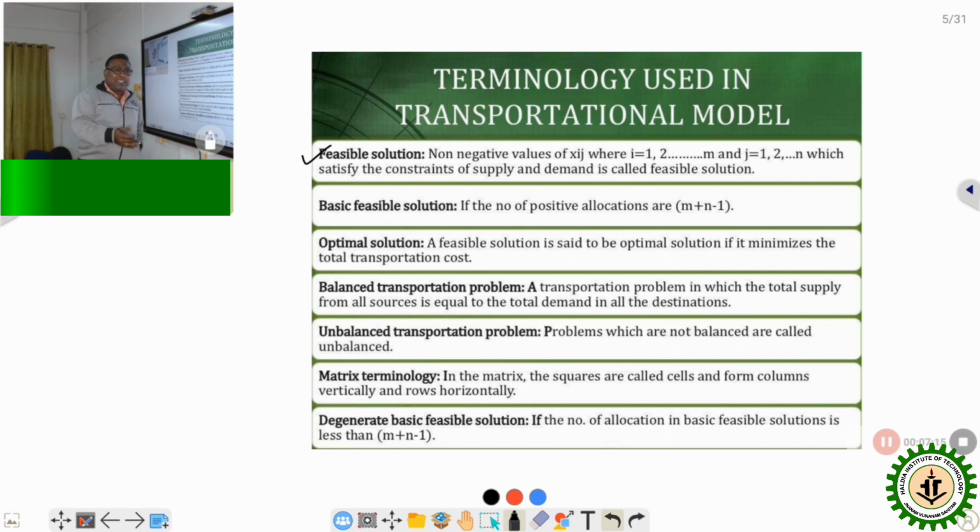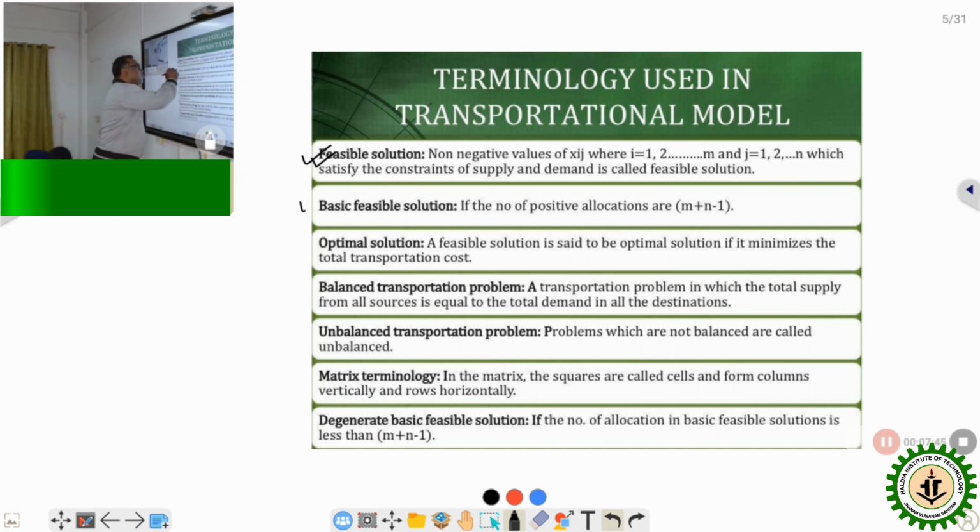So this condition is always enclosed: whatever solution you write must be non-negative. It may be zero, which is why we say non-negative. Non-negative means it can be zero or positive, while positive means only positive values. So the feasible condition means whatever amount you are transporting should be greater than or equal to zero.